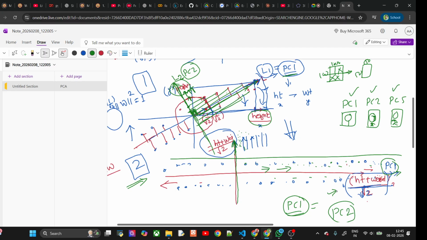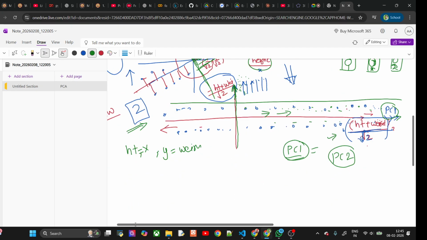You have seen the first point is height on the x axis, and the y axis is your weight. In the next point, what you did is height divided by root of 2 plus weight divided by root of 2. So you are creating the new axis.